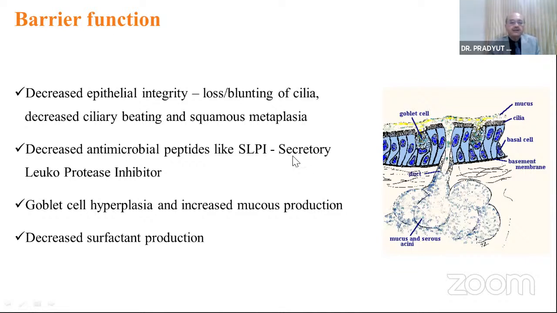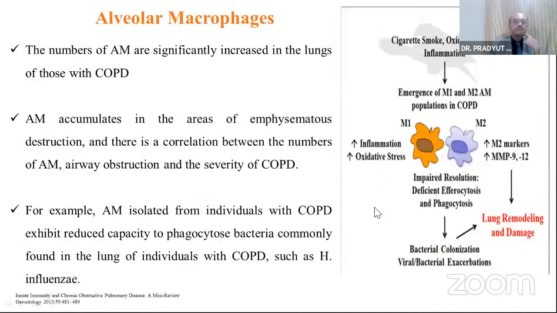This secretory leukoprotease inhibitor is produced by our lungs, by the epithelial cells, to fight the infections and also to reduce the neutrophil elastase activity. So once this antimicrobial peptide SLPI is decreased in COPD, it makes them more prone to develop respiratory infections. Then also there is a goblet cell hyperplasia resulting in more mucus production. That's why the thick sputum blocks COPD airways, and there is a decrease in the surfactant production.